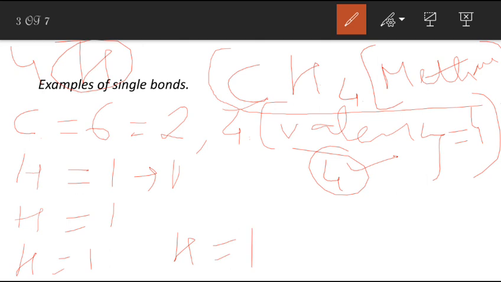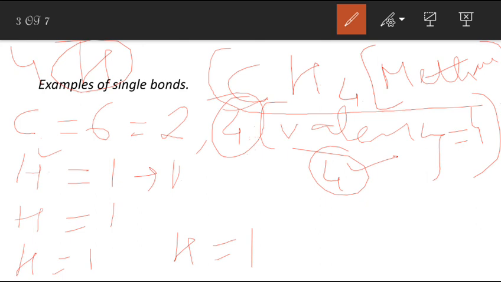So this is the electronic configuration of carbon and hydrogen. So carbon will form 4 bonds. It needs 4 electrons to become stable and 4 electrons will not be contributed by a single hydrogen atom, because a hydrogen atom is having only one electron.